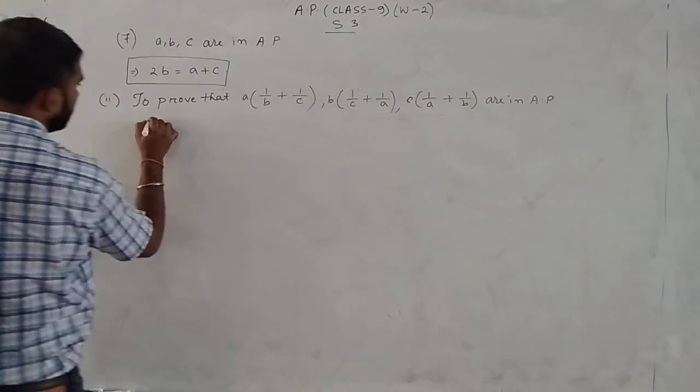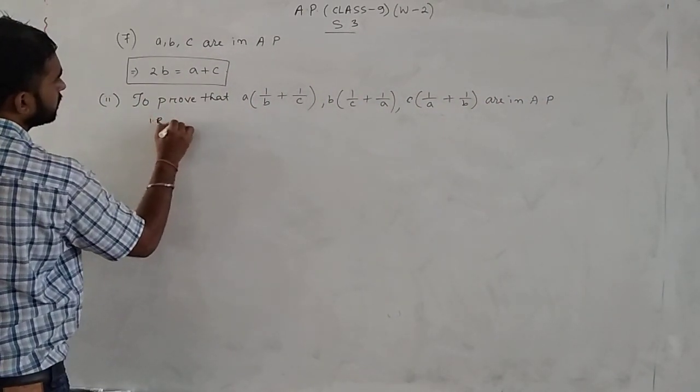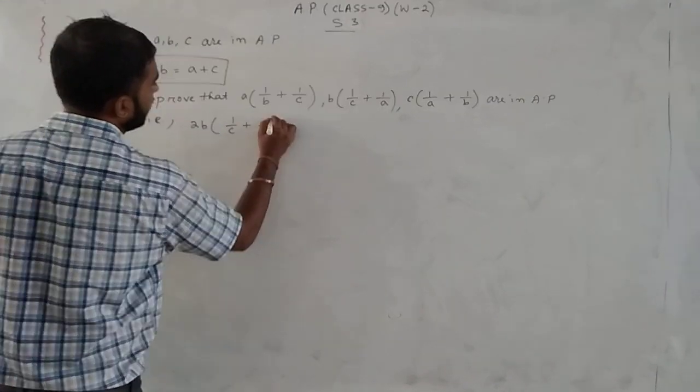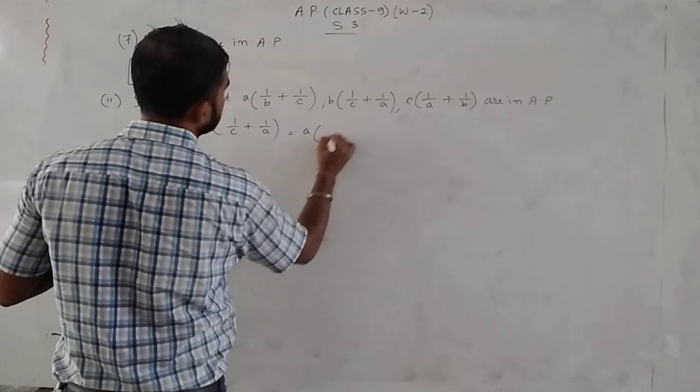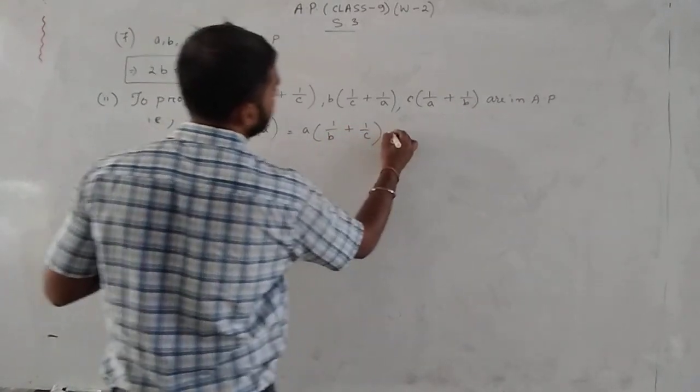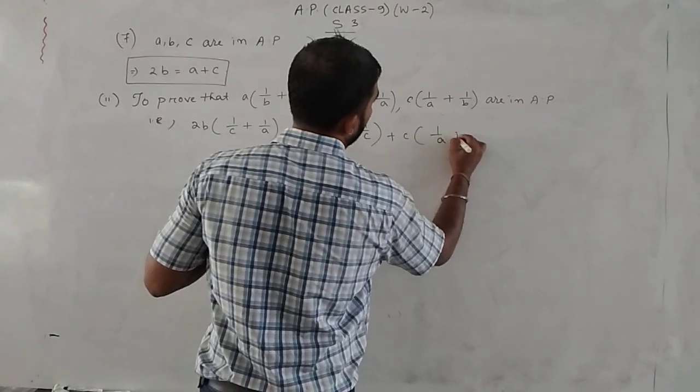That is what? That is twice the middle term, 2B into 1 by C plus 1 by A equal first term plus last term.